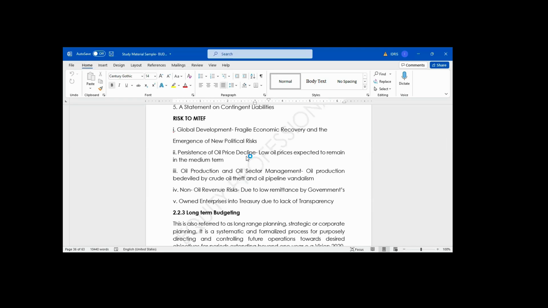Okay, the brief explanation. I will explain that, please let me finish. What are the risks associated with oil revenue risk? We have mentioned persistent oil price decline.